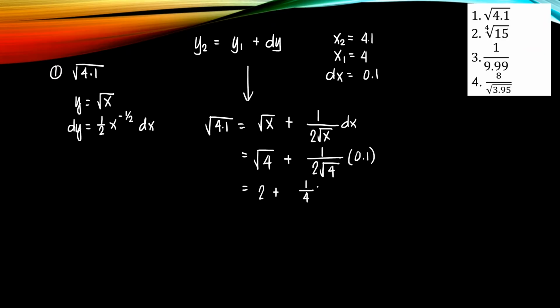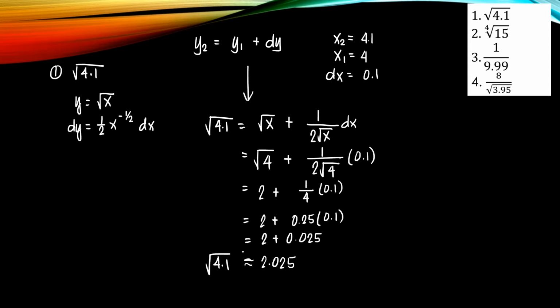This is actually 1/4 times 0.1, because the square root of 4 is 2, and 2 times 2 is 4, so 1/4. So 2 plus 0.25 times 0.1, right? So 2 plus 0.025. Can you please check using your calculators if the square root of 4.1 is roughly 2.025, exact up to the third decimal place? It's exact up to roughly, if it's rounded. Right? So we were able to approximate it.